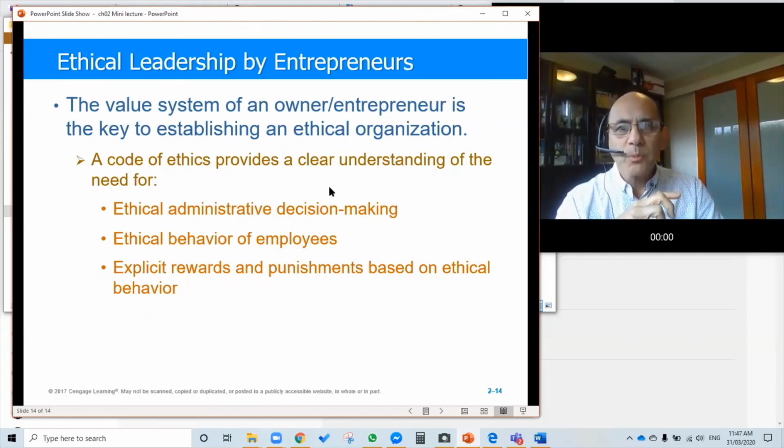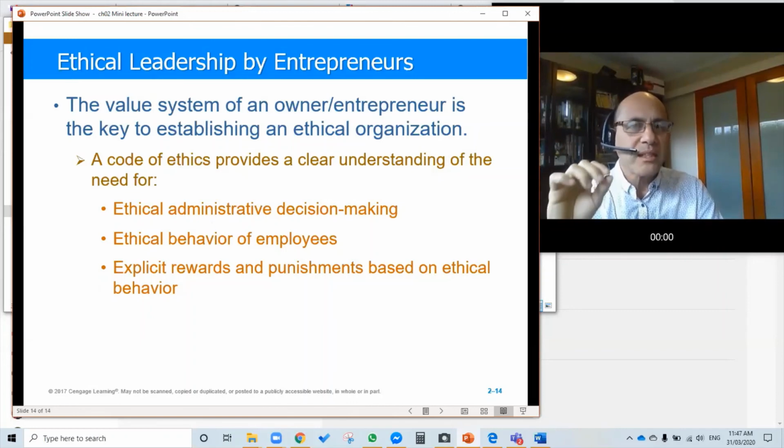So a code of ethics provides a clear understanding of the need for ethical administrative decision making. Your managers in your company will make decisions based on that ethical code of conduct as well, and it gives them a guide whenever they are faced with an ethical dilemma.